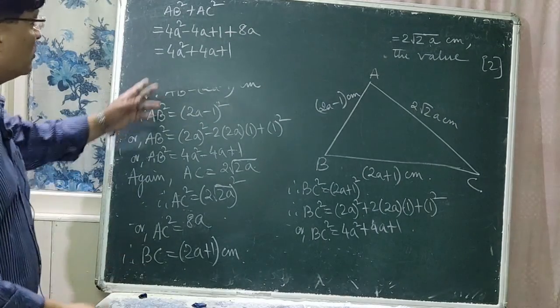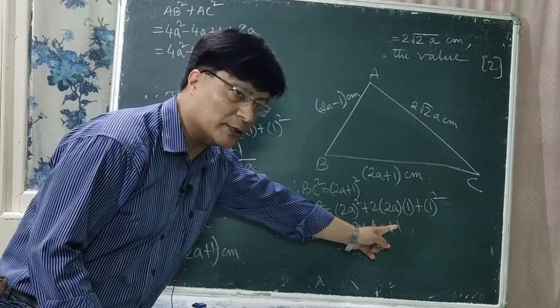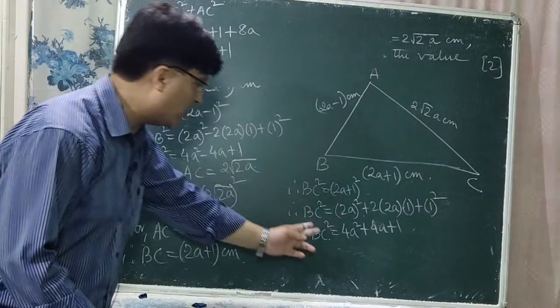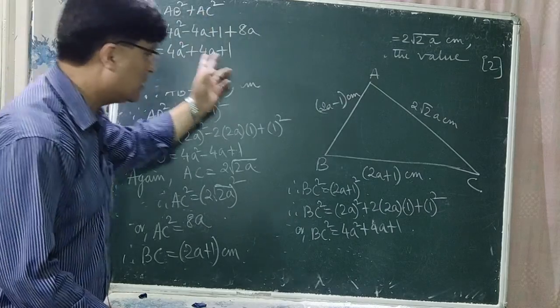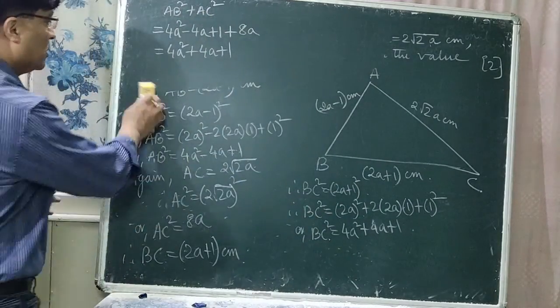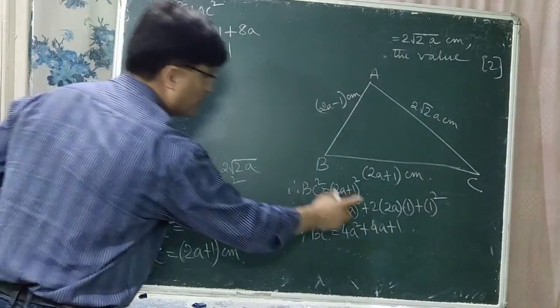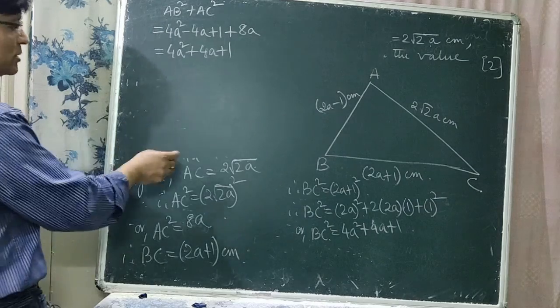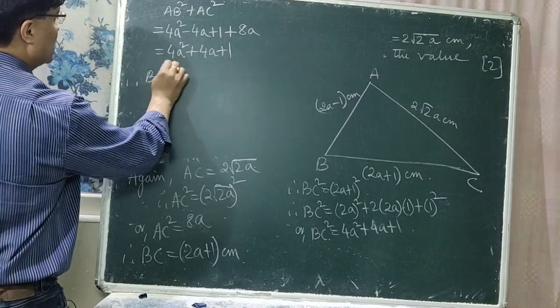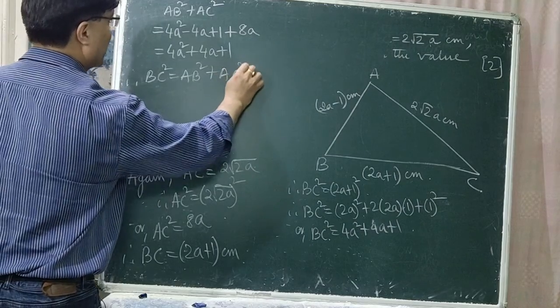So this is 4a square plus 4a plus 1. This is also 4a square plus 4a plus 1. So you can equate, since these two values are equal, BC square must be equal to AB square plus AC square. That is, BC square is equal to AB square plus AC square.